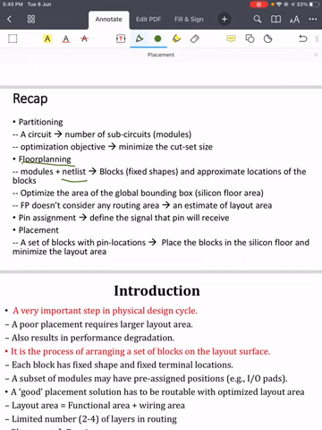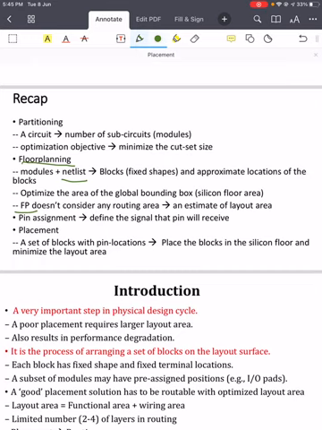That means the modules with fixed shapes, the width and height are fixed, and we also get some approximate locations of the blocks. But the floor planning stage does not consider any routing area. So we have seen that a floor planning solution might have blocks touching each other, right? So there is no space kept for routing.